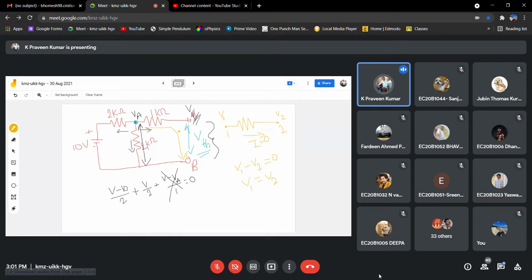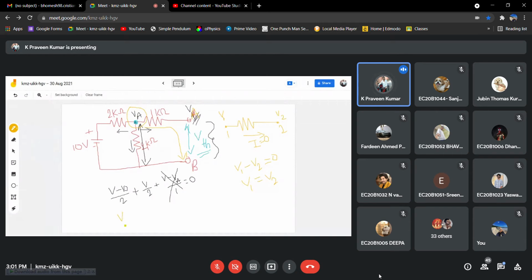So I'm applying the same rule. Since there is an open circuit, there is no current flow in this 1K resistor. So what we can say, the VA value that is available at this node, right?